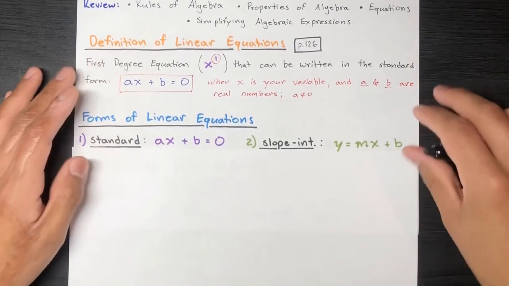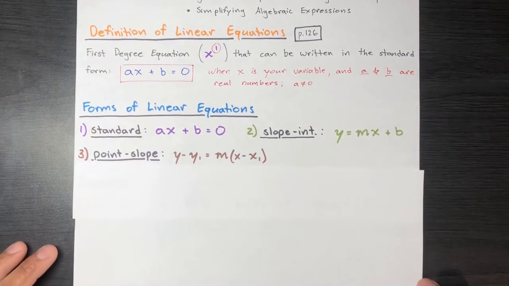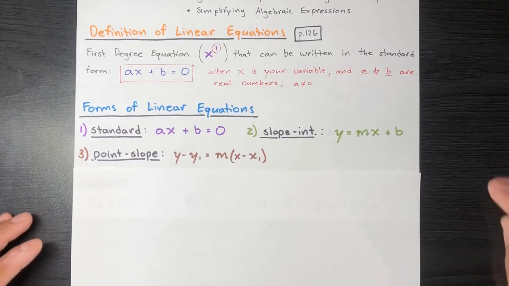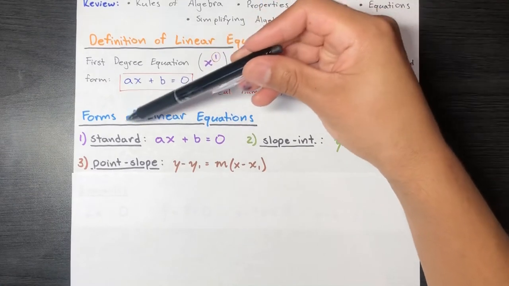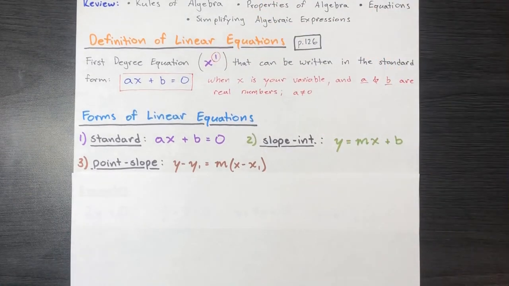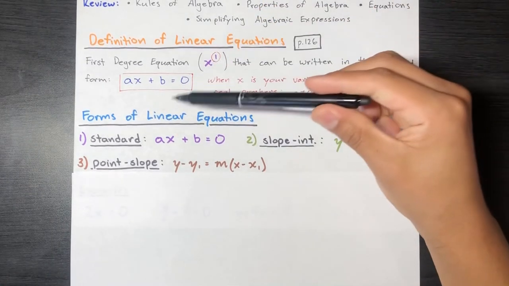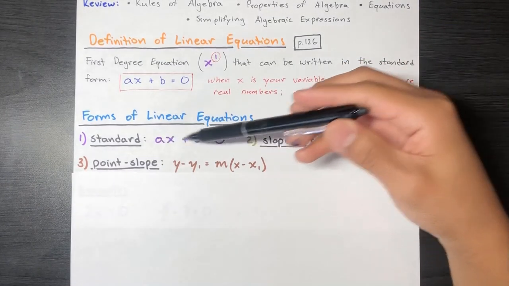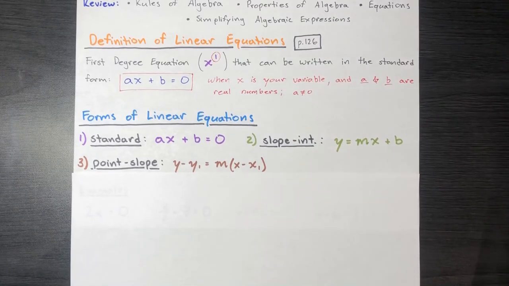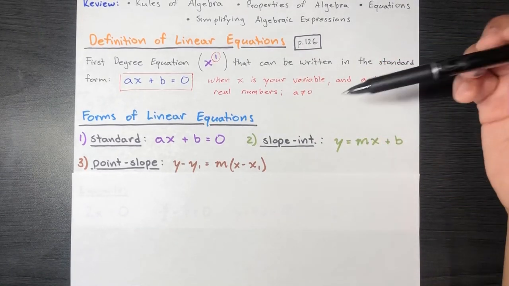Let's talk a little bit about the different forms of linear equations that you see. Make sure that you're writing these down in your notes. The first one is going to be the standard form, and that is ax plus b equals 0. Now remember that the a's and b's can be any real number.